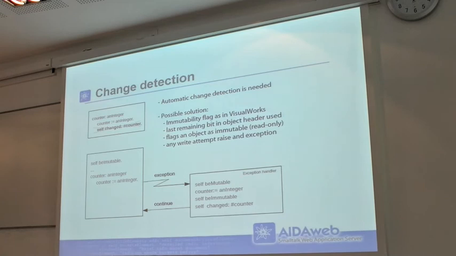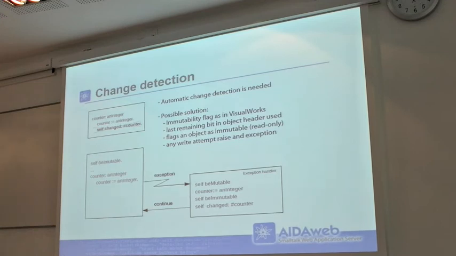In the exception, you just change the stuff. So you make it mutable, write, then change it back to read-only, and then in the exception handler you announce the change. So this way it is actually possible to detect changes without any change in the code.